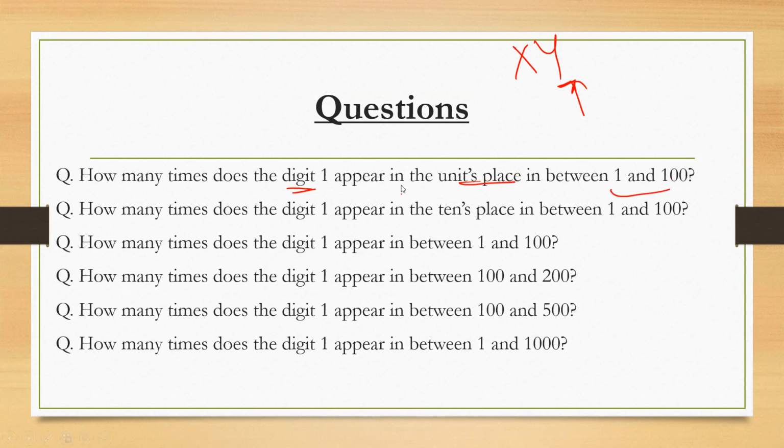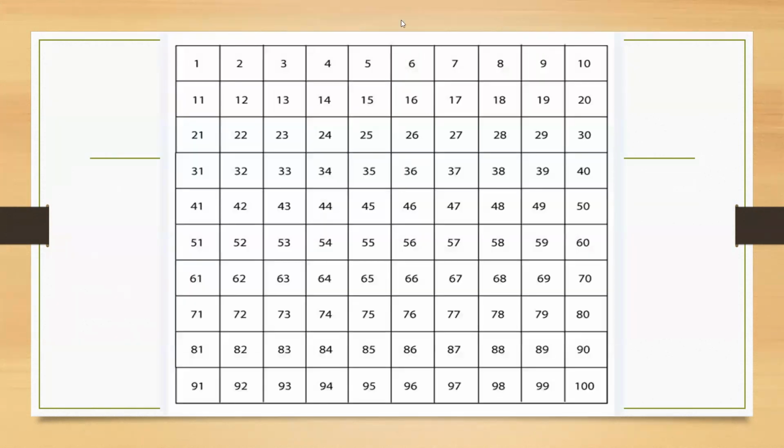Here I have a diagram also for you. You can look at the diagram and tell me how many times the digit 1 appears in the units place between 1 and 100. We are talking about the units place, so we are talking about this digit.